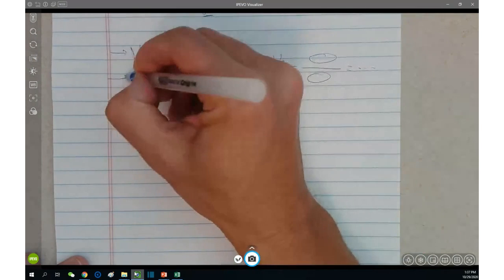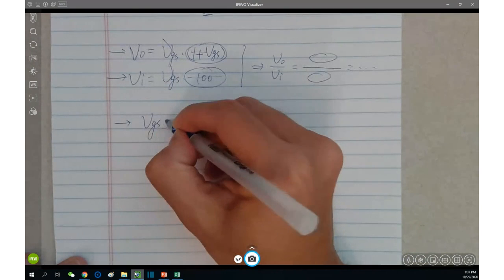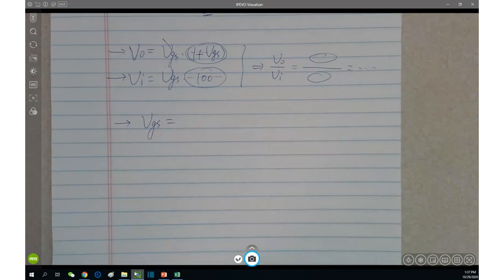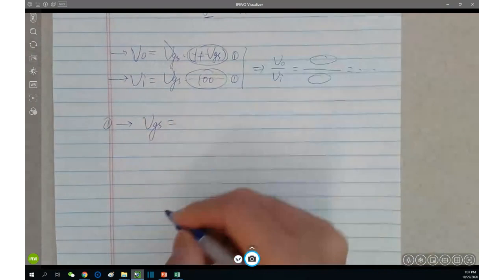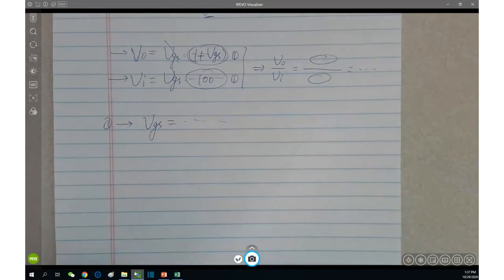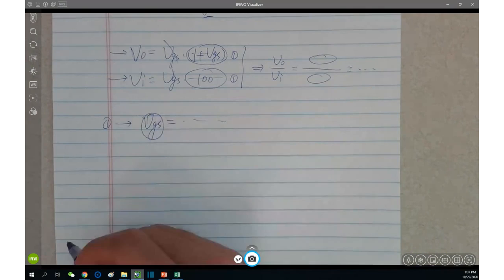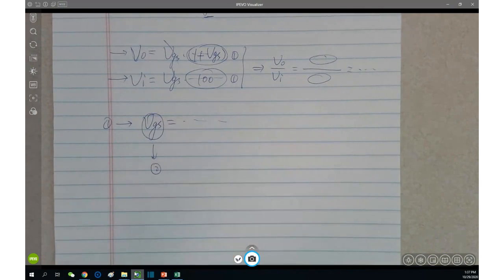So what I want you to remember: once you've got some equations, you want to derive VGS equals to what, from maybe equation 1. We call these 1, 2. From equation 1, derive VGS in terms of something, and then substitute VGS into equation 2. In such a way, you're able to eliminate the VGS.